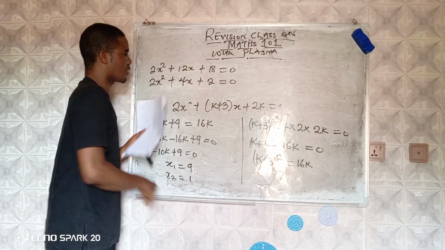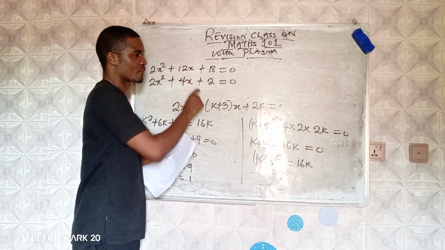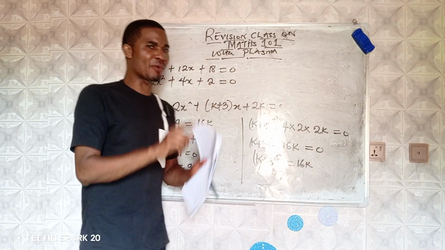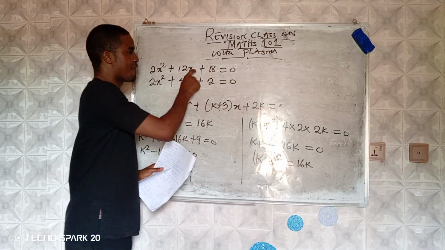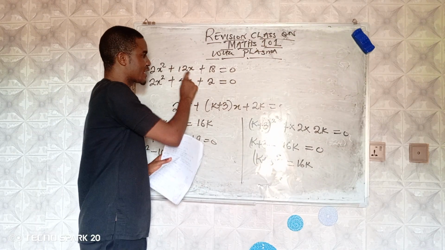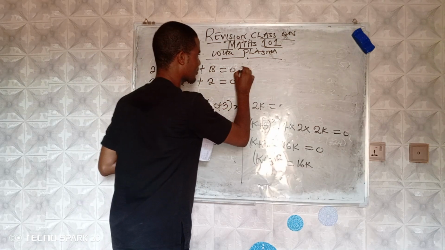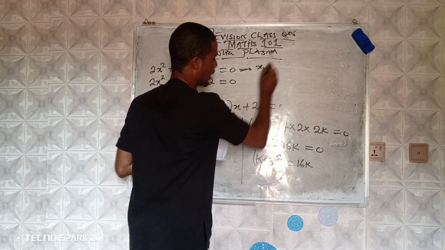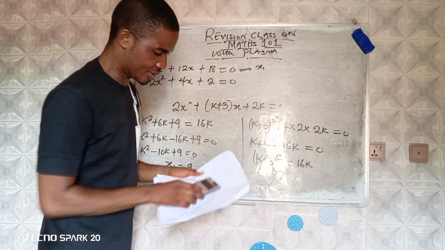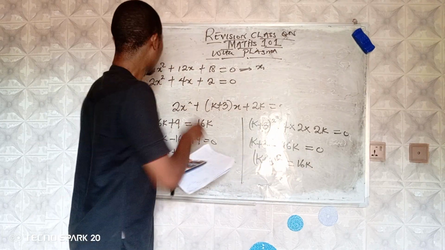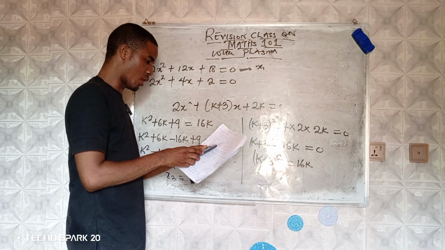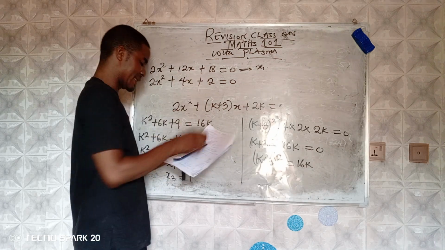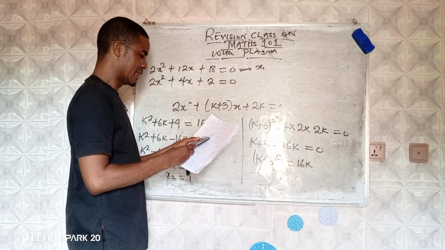Now, if you factorize either of these equations, we are not saying that they will have the same answer. What we are saying is that within each equation the roots will be equal. Let me do that quickly with my calculator. I have my A to be 2, my B to be 12, my C to be 18.